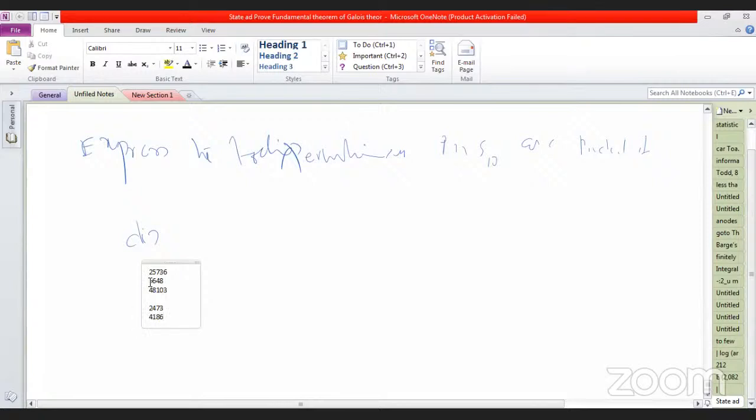Sigma and tau are two permutations in S8. So compute sigma tau sigma inverse. What are the values? Tell me. Are all of you doing it? Yes, sir. Make it fast.